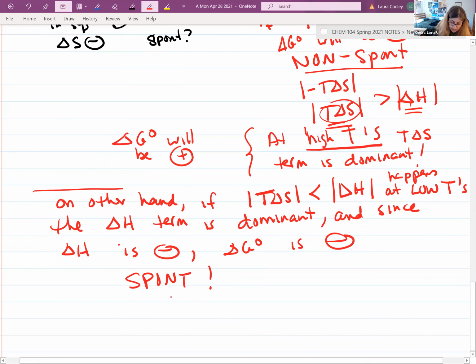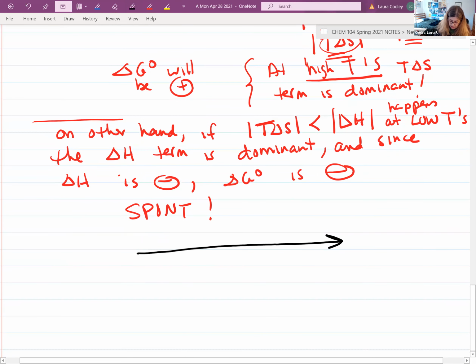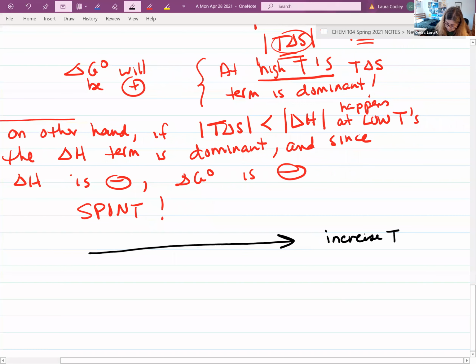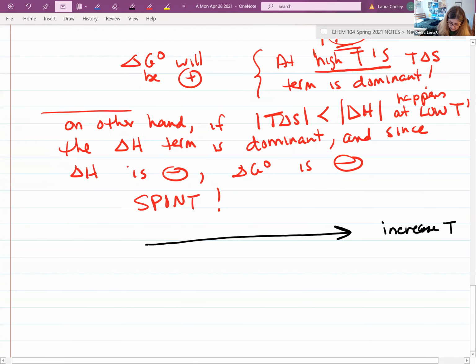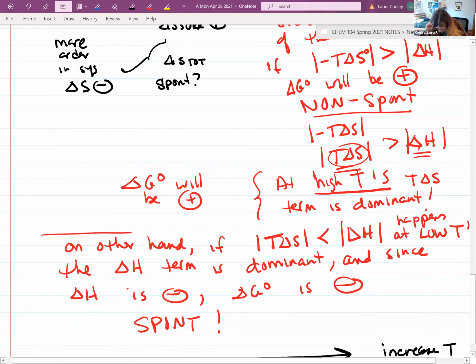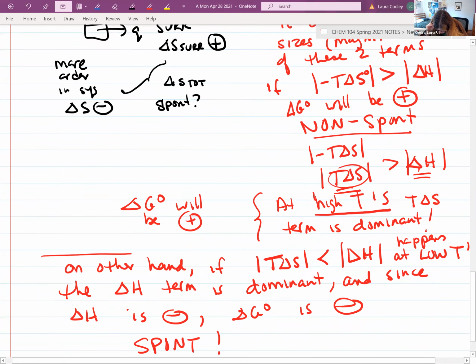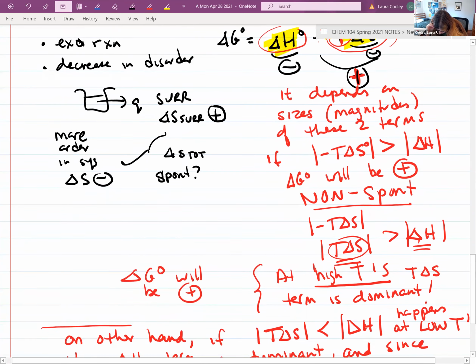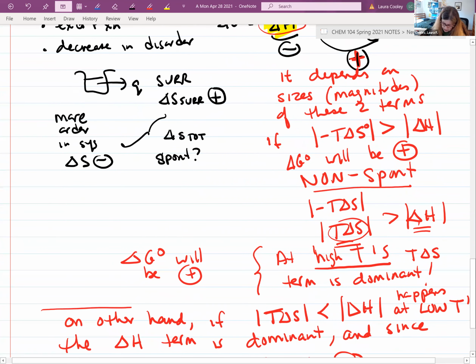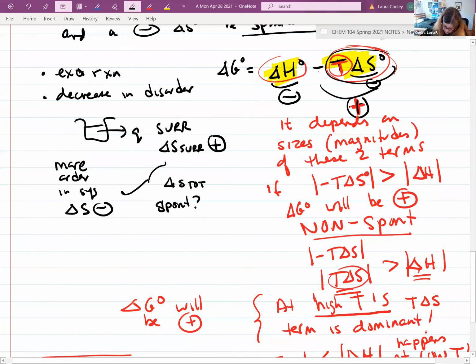So basically we have this situation. If we look at what happens to the free energy change as we increase the temperature, let me just make sure I'm getting this right. So at high temperatures, when this term is dominant, it's non-spontaneous because this is positive.